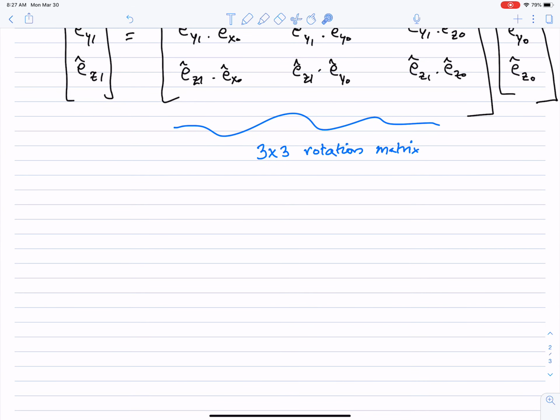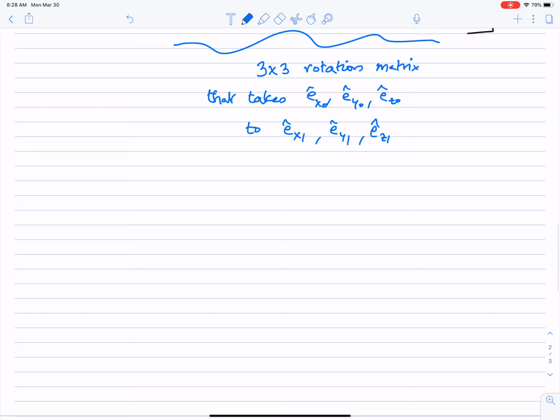And this is a rotation matrix that takes EX naught, EY naught, EZ naught to EX1, EY1, EZ1. Okay, so given these three vectors, you get these three vectors. So it takes you from 0 to 1 is how we are going to say it. So we are going to denote it by R0 to 1.